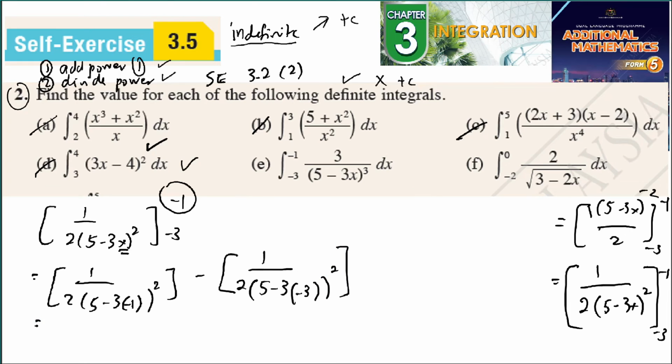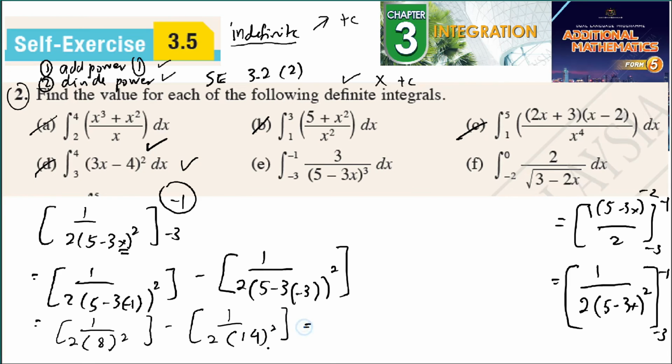So you can just directly use calculator. So this one is 1 over 2. So 5 minus negative 3. So negative 3 minus negative 3 would be 5 plus 3, right? 5 plus 3 is 8 square minus 1 over 2. 5, negative 3 times negative 3 is plus 9. 5 plus 9 is actually 14 square.